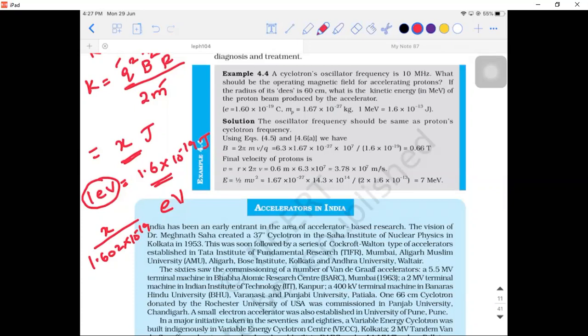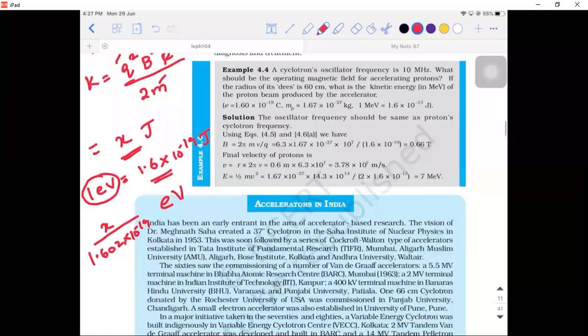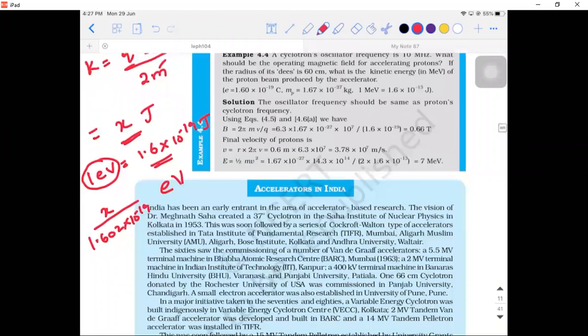Mega electron volt means into 10 power minus 6. Into 10 power 6 means you will get 10 power minus 13 mega electron volt. That is the answer. So whatever is the value, you can calculate it.